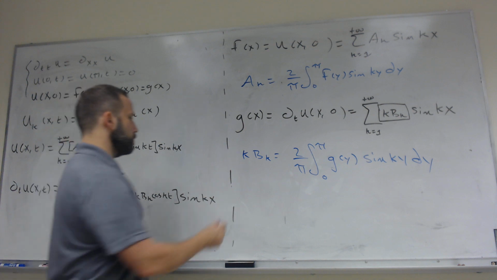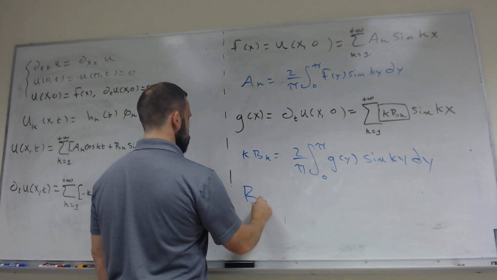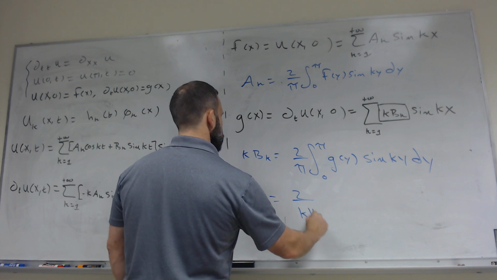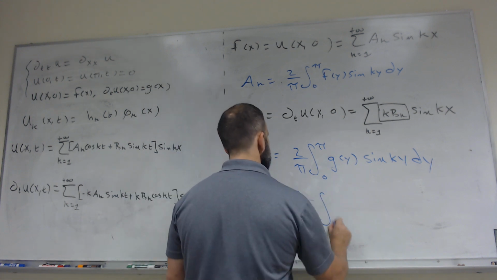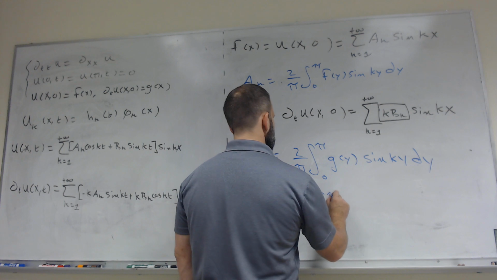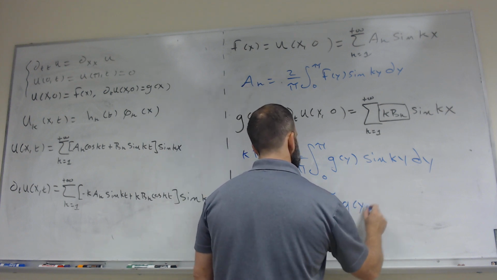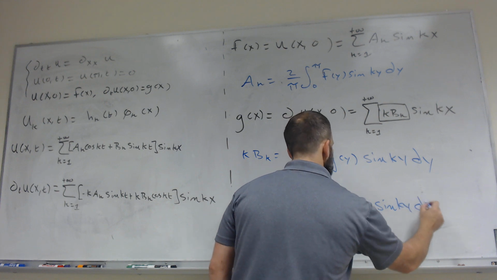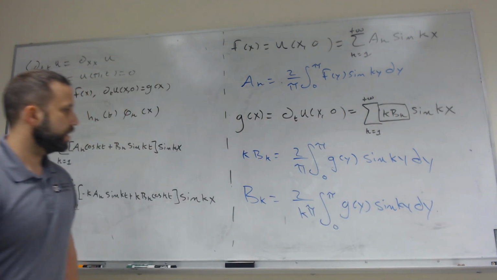And if I solve this for bk, it's bk equals 2 over k pi times the integral from 0 to pi of g of y sine of ky dy. And that's it.